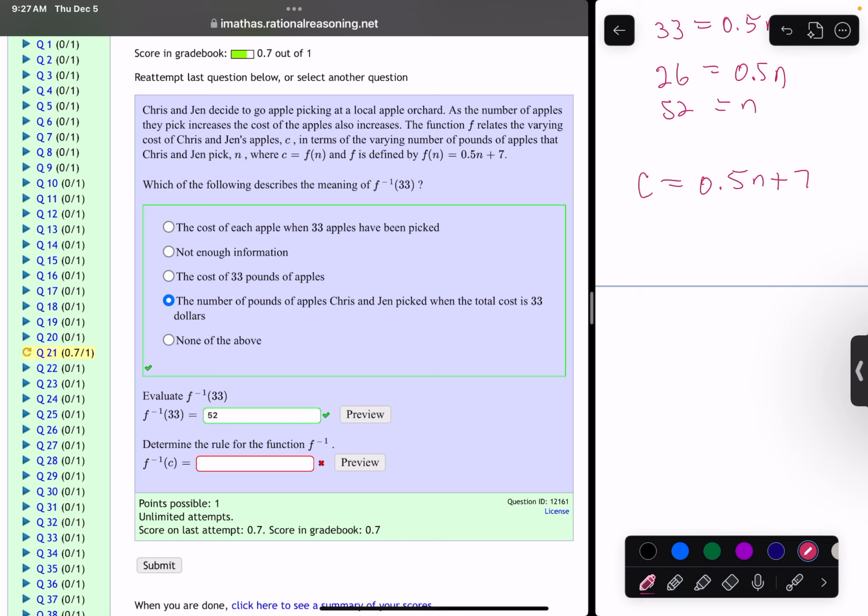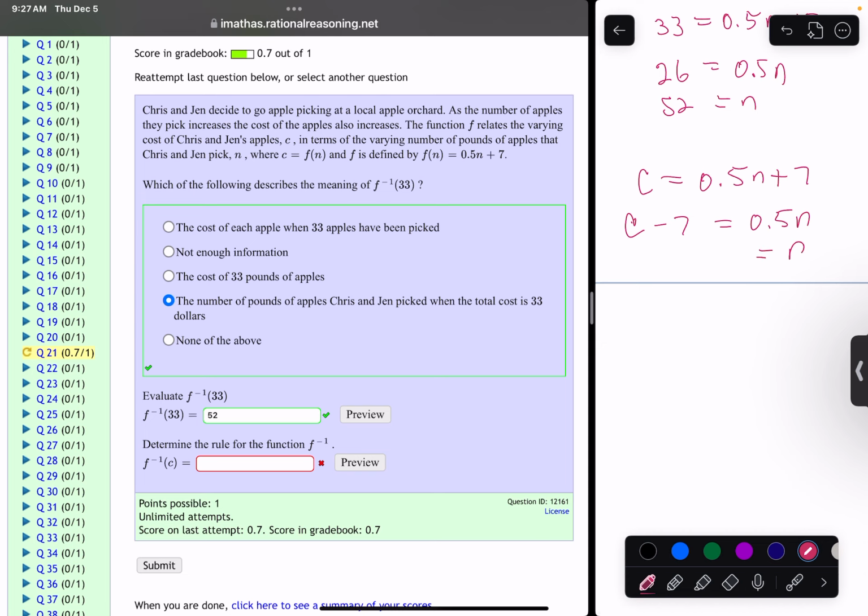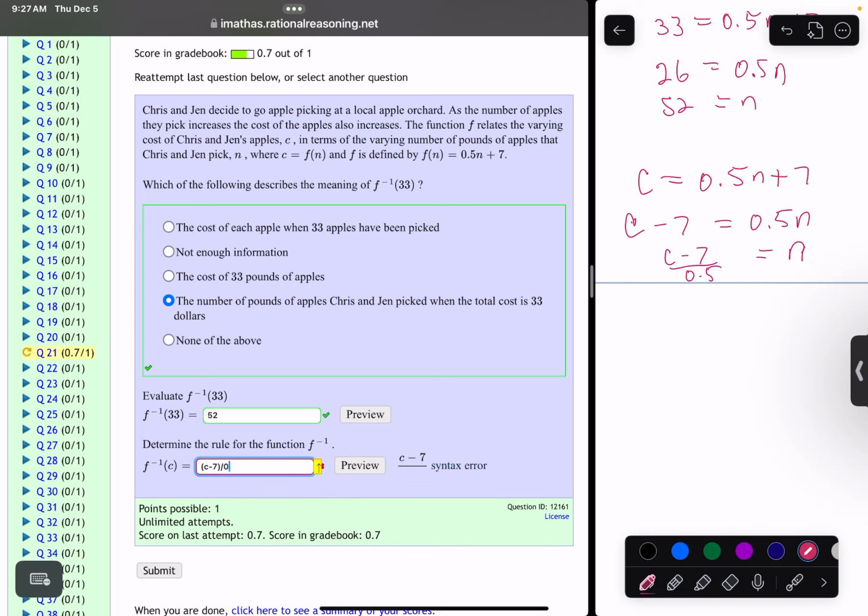Okay, so we're just solving for the opposite variable. So C minus 7 equals 0.5n. So n is C minus 7 divided by 0.5. And that's what they want. They just want you to rearrange and solve for the opposite variable. So I'm going to put C minus 7 in parentheses divided by 0.5.